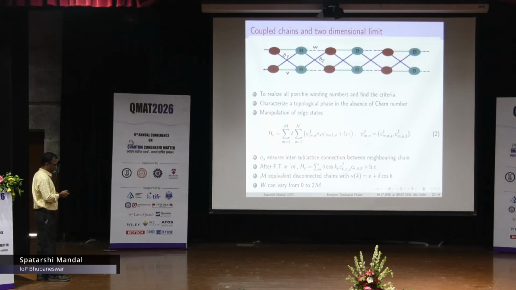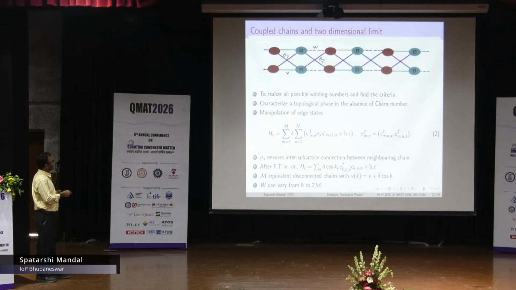Then we asked another question: if we couple such chains indefinitely in the y direction, what will be the criteria such that my winding number can vary from 0 to capital 2M? We have found that if we again allow a chiral symmetry preserving hopping, that means A to B and B to A, we can create as many edge modes as we like depending upon the number of chains.